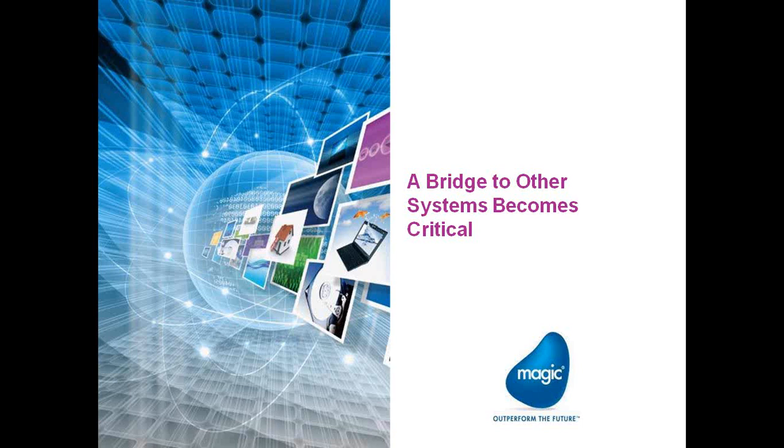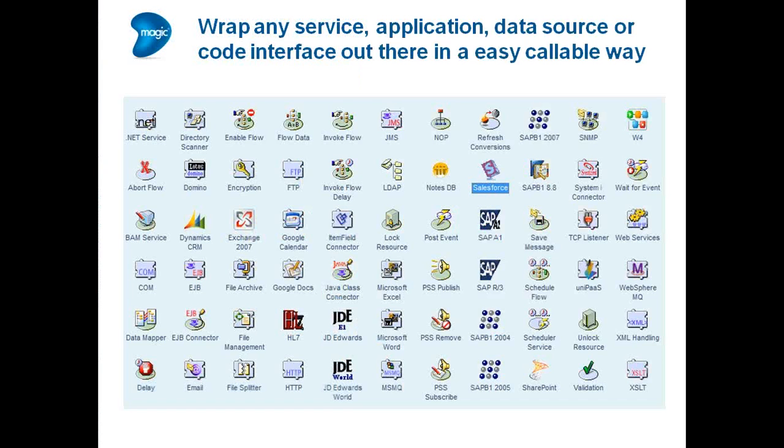And in our case, we provide a list of connectors that you can use to access any backend system, any service, or any application, or any code that you might have already in-house, and wrap that in a way that is easily accessible from the mobile device or from the mobile services you want to provide.